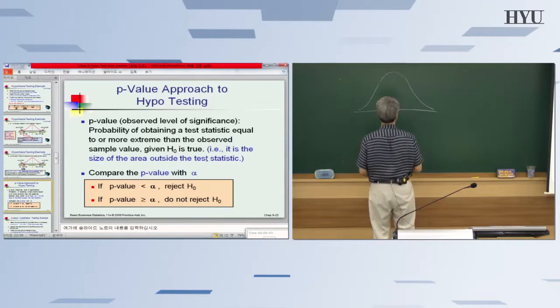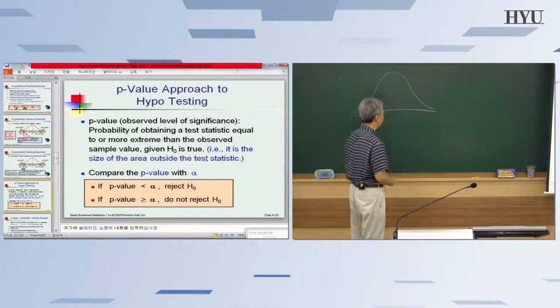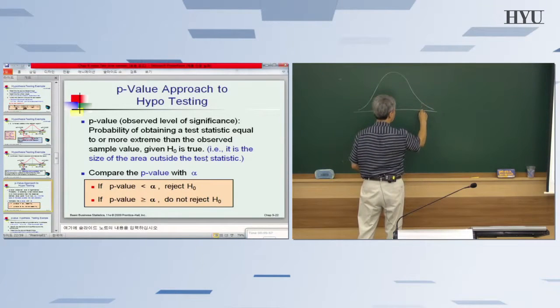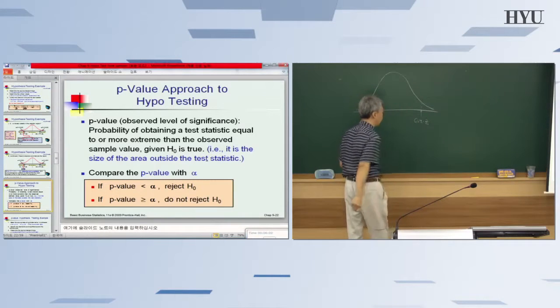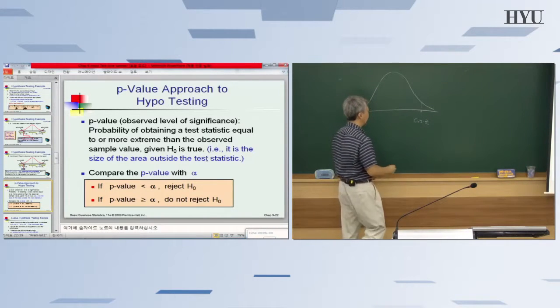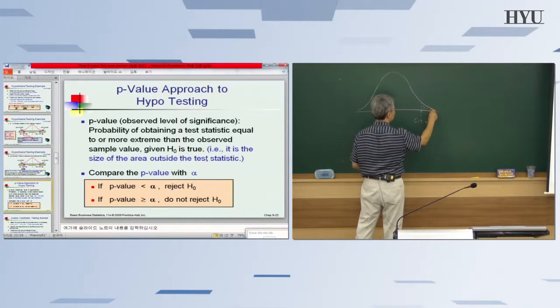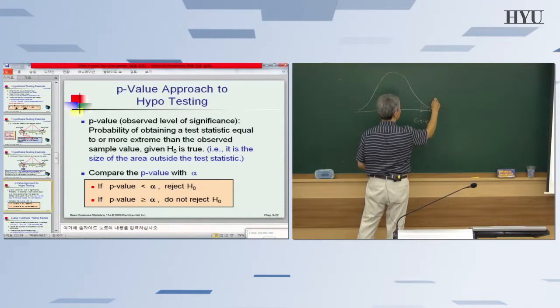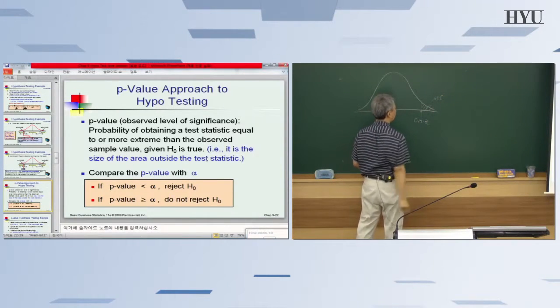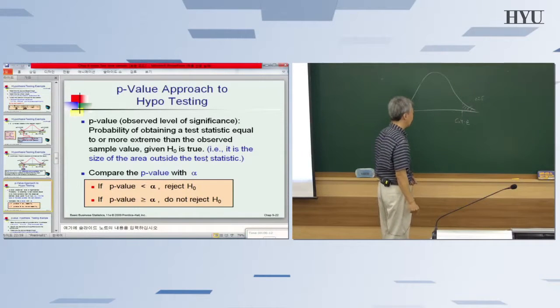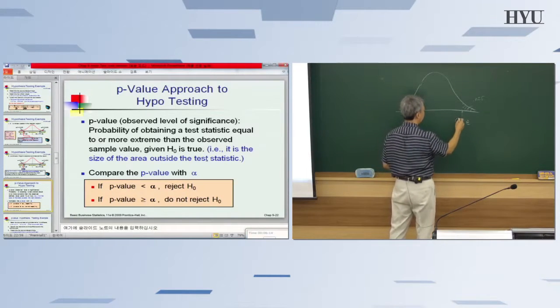In the critical value approach, we found the critical z-score by assigning 0.025 area.